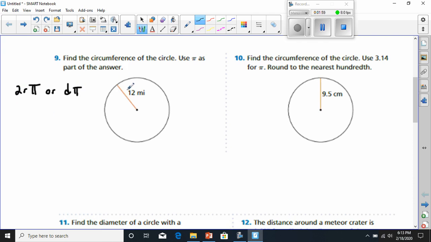So the radius is 12, so we have 2 times 12 times pi. So this is going to end up being 24 pi. And then our unit of measure is mi for miles.